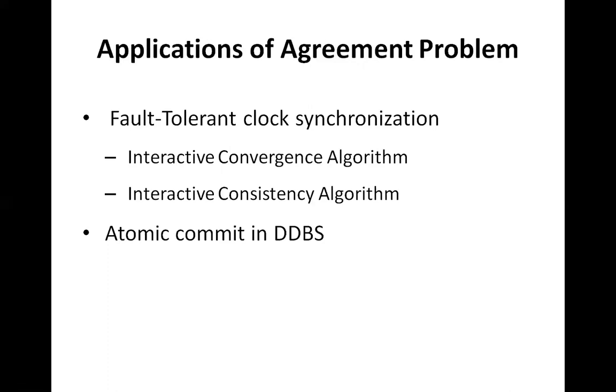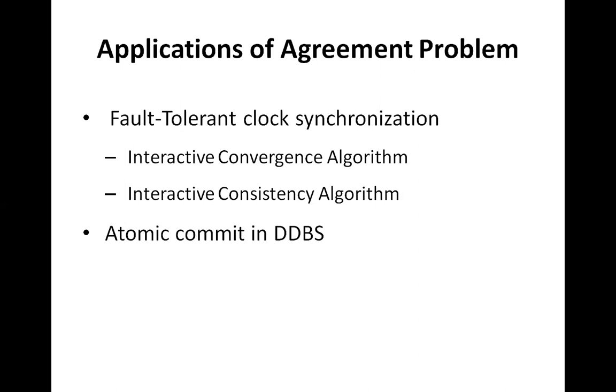The interactive convergence algorithm is an algorithm in which, as far as the synchronization of all the processors is concerned, they communicate with each other by giving values to the other processors, and ultimately they converge and agree on a common value. And the interactive consistency algorithm, and that is why the names convergence and consistency have been given.